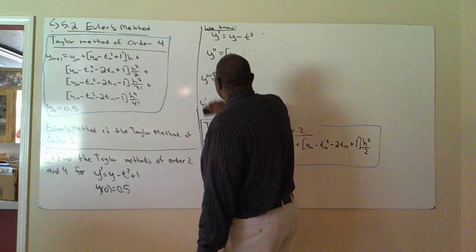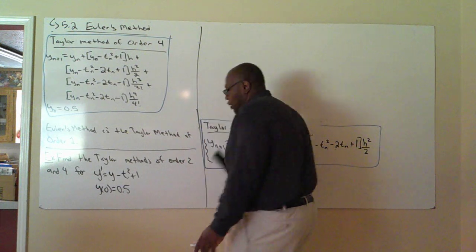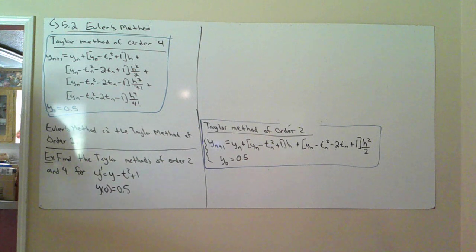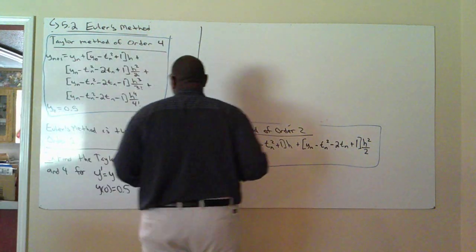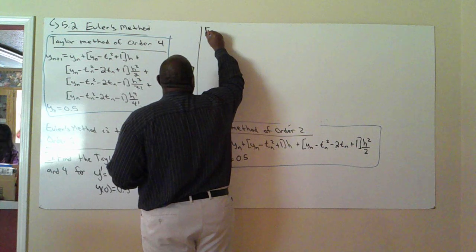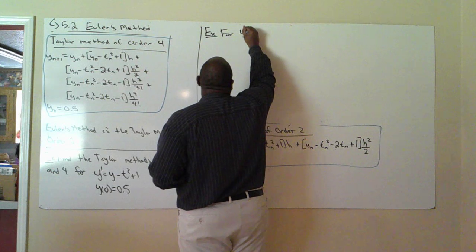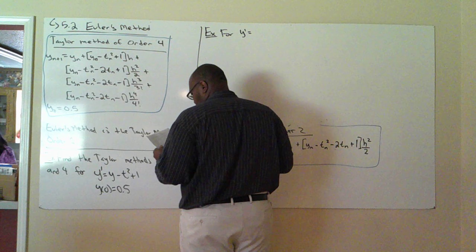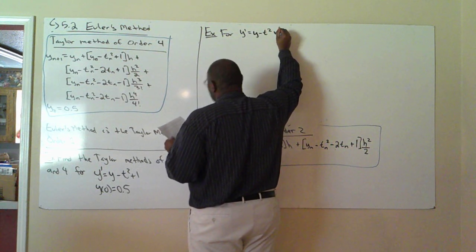All right, so let's do this. Erase this stuff here. Let's do an example. Say for our same one that we've already been doing, y prime equal to y minus t squared plus 1.